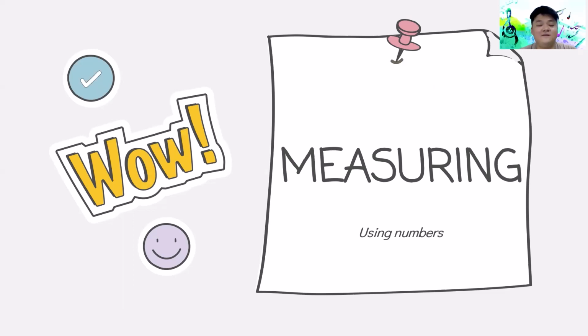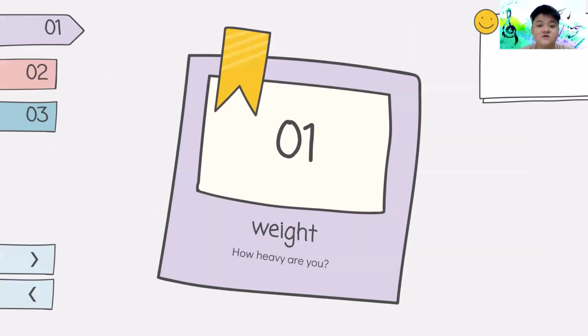Alright? So yeah, all these are numbers which we are going to use in our measuring later on. So number 1, the first thing which we can measure is our weight. How heavy are you? Okay, so weight is like how many kilograms and how many grams these things are.